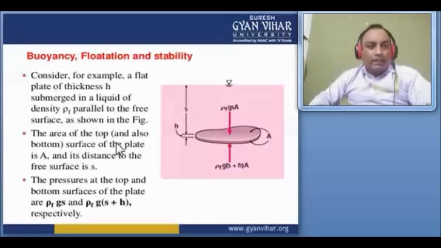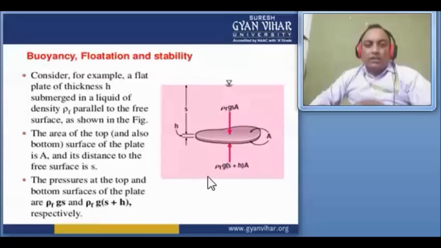The area of the top and bottom surface of the plate is A, and the distance to the free surface is s. The pressures at the top and bottom surface of the plate are rho f g s and rho f g (s plus h), where rho f is the density of the fluid, g is the gravitational acceleration, and s is this distance, right?